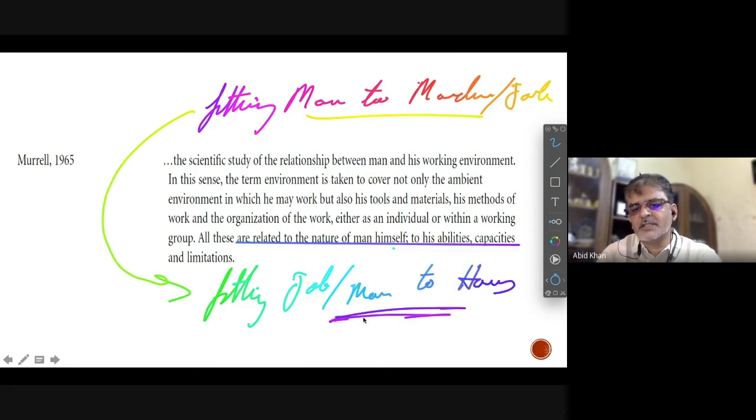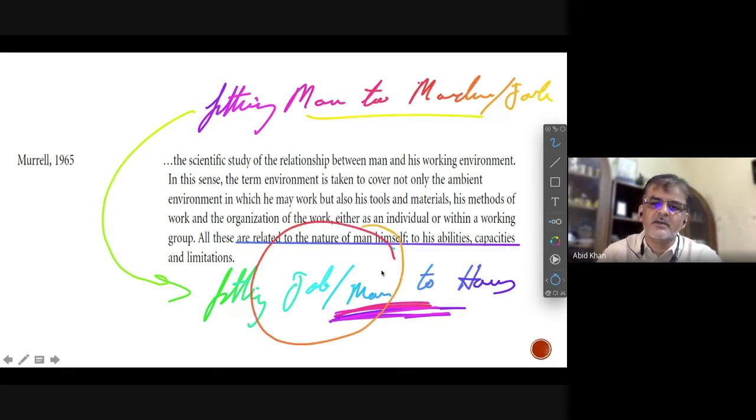In this case we achieve more, because we are designing all these things in relation to the human's abilities, capacities, and limitations. So we have to consider those things in work design.